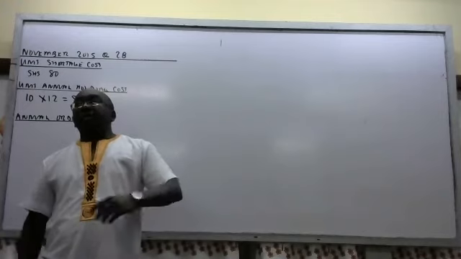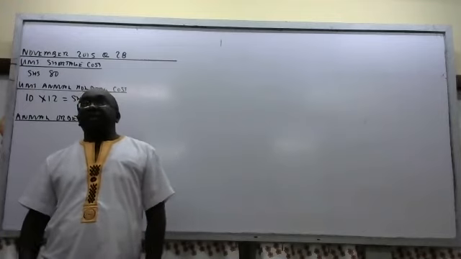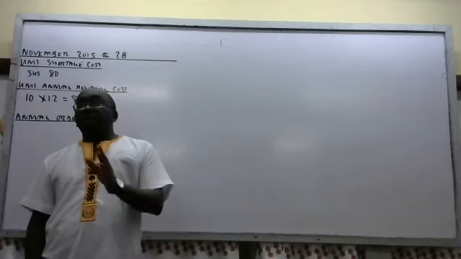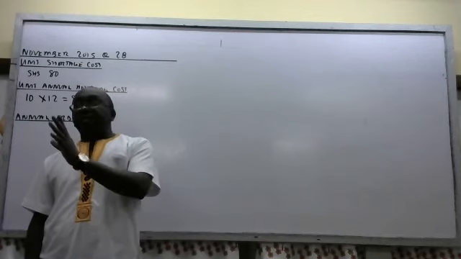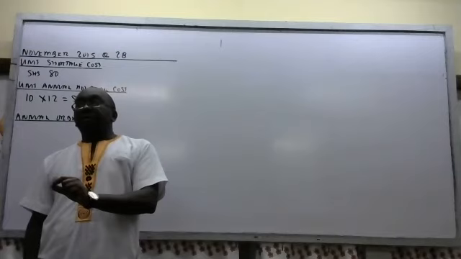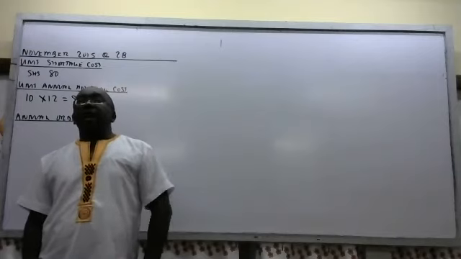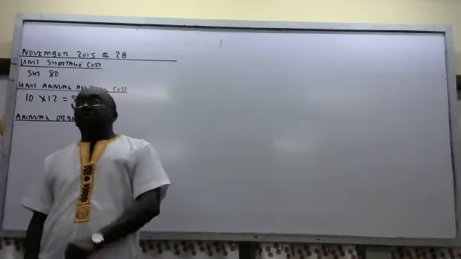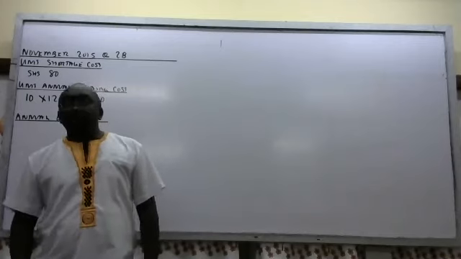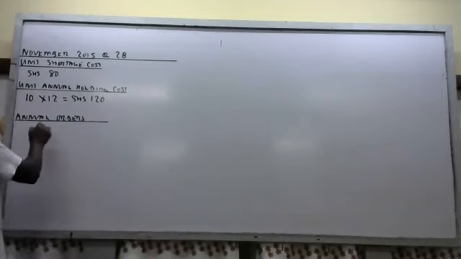So if we order 1600 units every 30 days, in 30 days we make how many orders? One. And 1 year has how many 30-day periods? 12. Good. That's how you go about it.